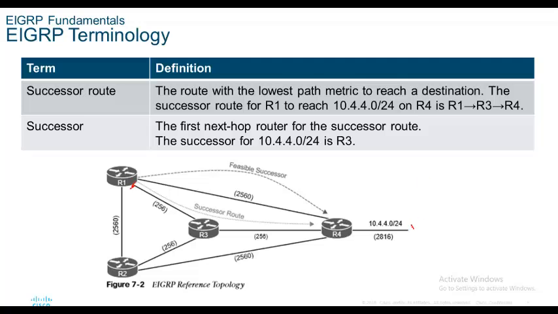Okay, now what is a successor route? The route which has the lowest feasible distance, lowest total metric, lowest path metric to reach this destination. This is the lowest. Do you see any other lowest? I don't see any other lowest.